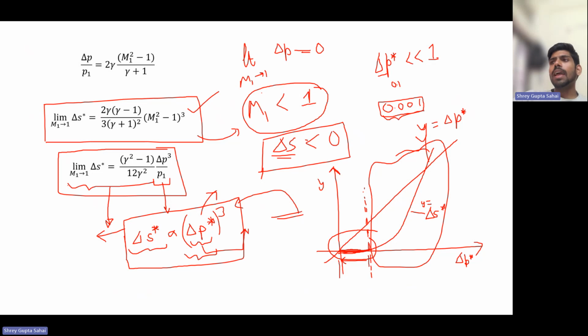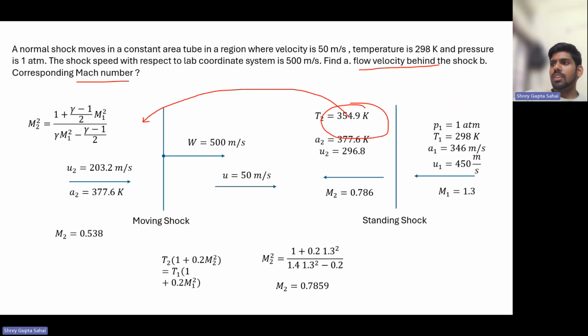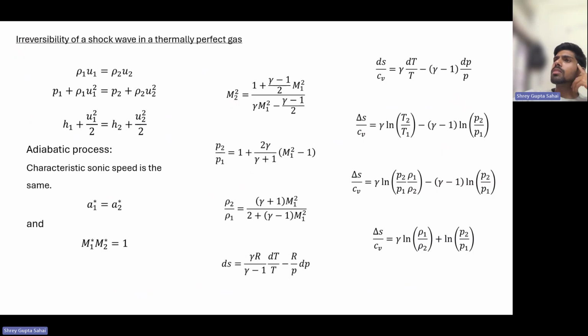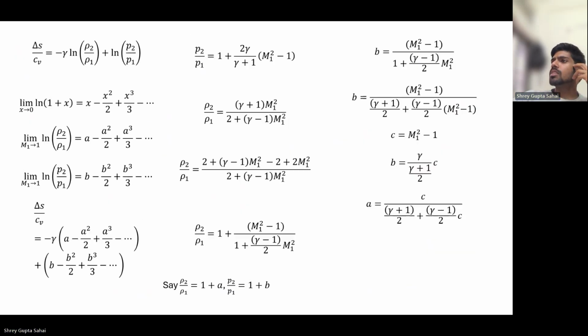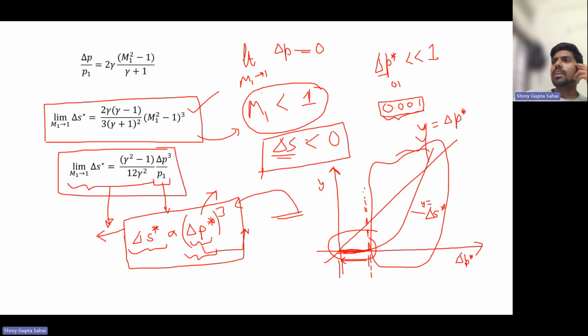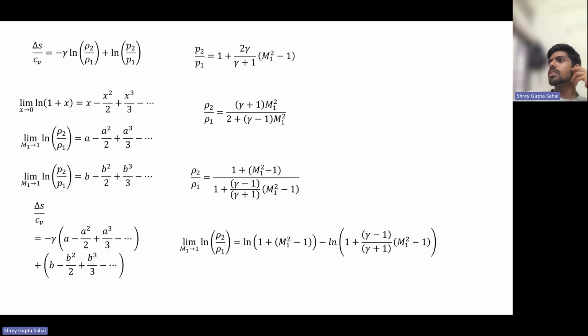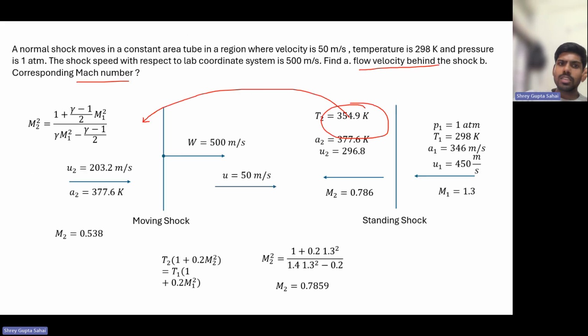Otherwise, this would imply that the entropy change is negative, which is not possible because of the second law of thermodynamics. We did a small numerical. That's it. So, this is where we stopped.